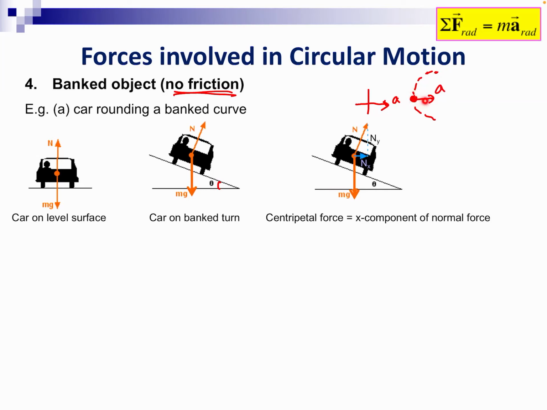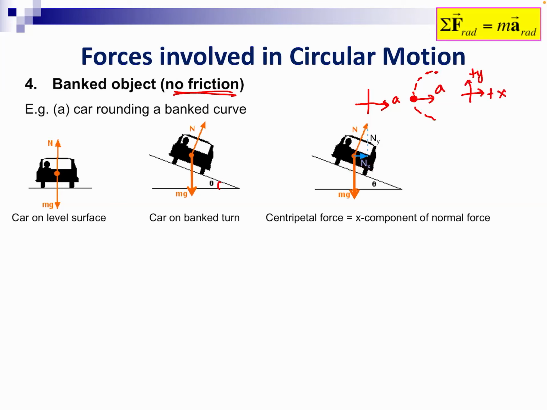Okay, but then your normal force will have some angle relative to the centripetal or radial acceleration. So if we assign the acceleration to be in the x-axis, notice how your normal force will then have an x component and a y component.